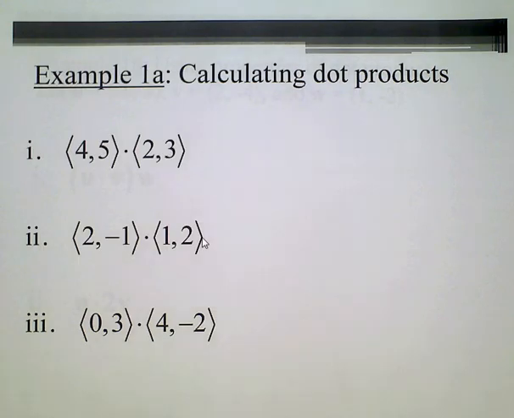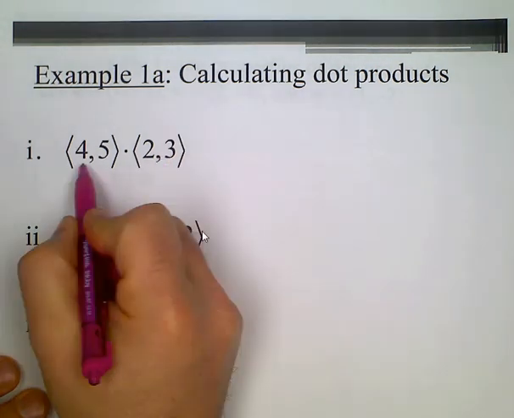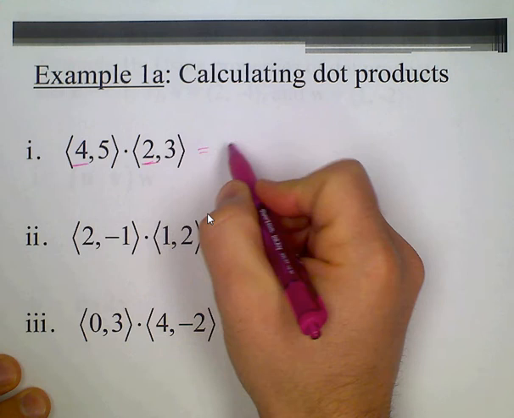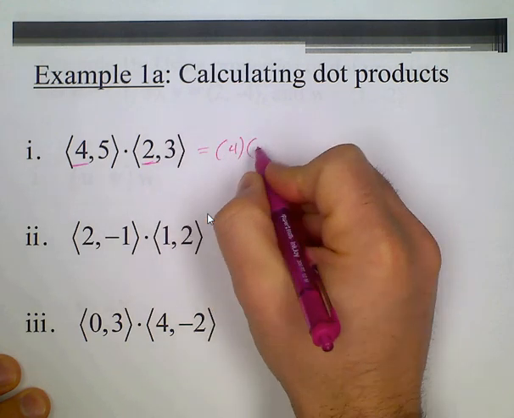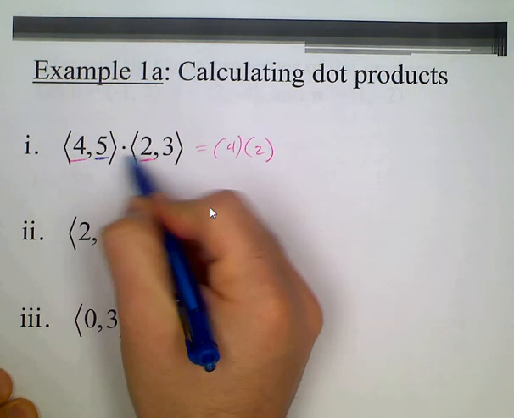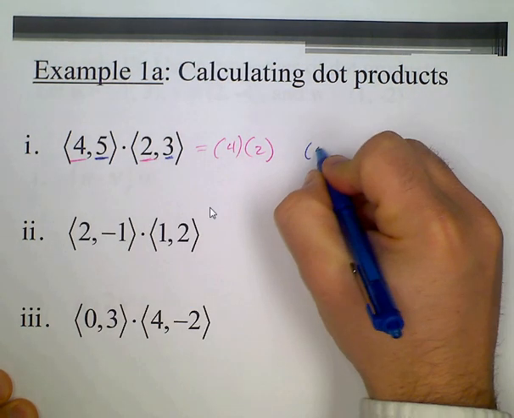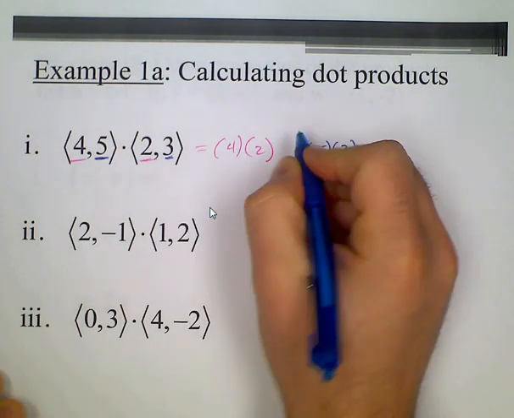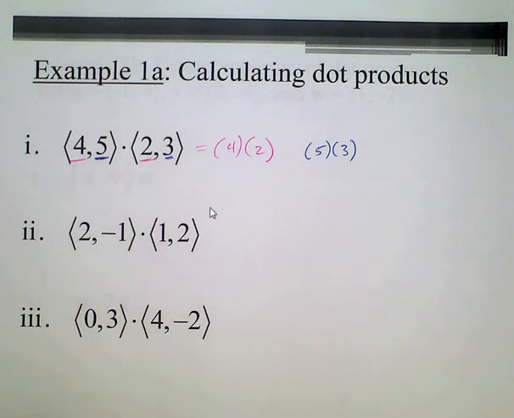That said, let's actually go ahead and calculate some dot products. It's a really simple process. You multiply the x components, and you add to it the product of the vertical components. And as always, there is a plus sign in between them.